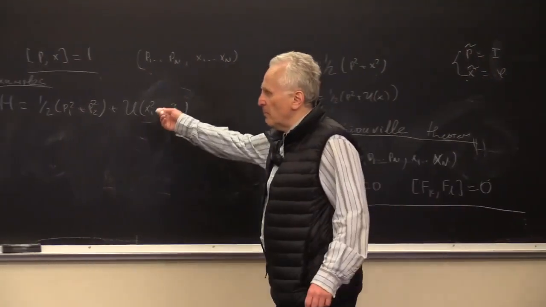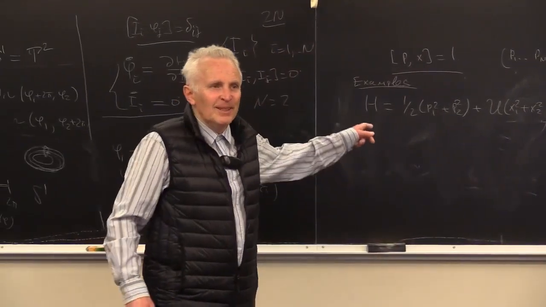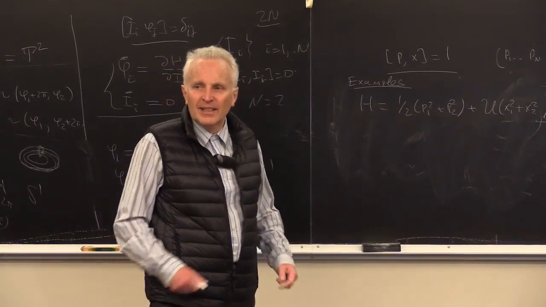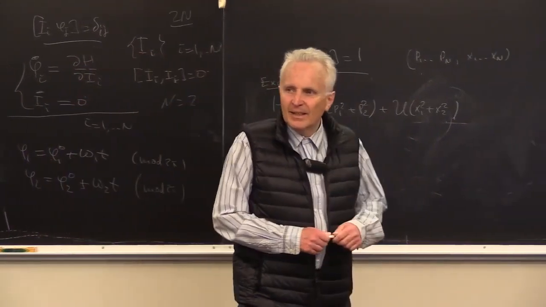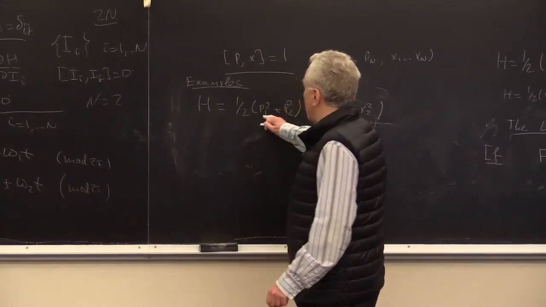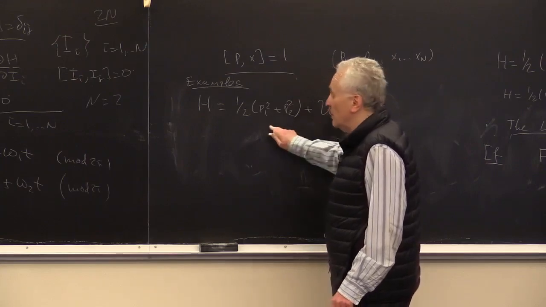Well, I guess from the way I phrased it, it's obvious that this is completely integrable. But still, what are the conserved integrals? P1 squared plus P2 squared by itself, no. If you take only this, it will not commute with the Hamiltonian, and it will not be an integral.